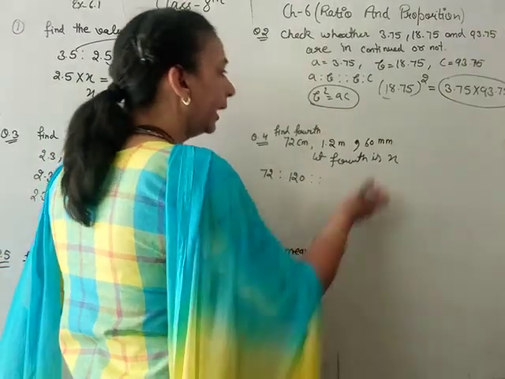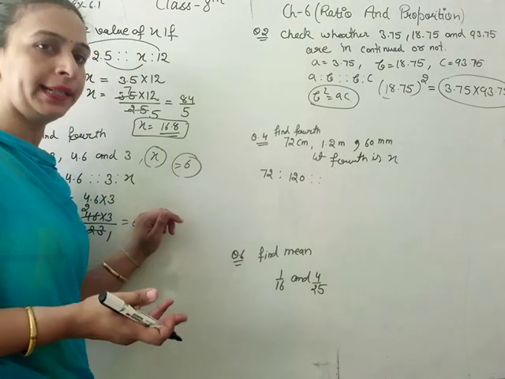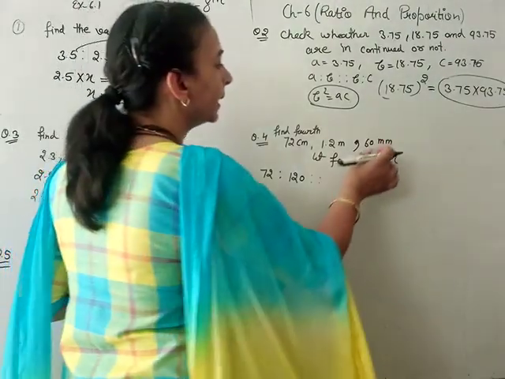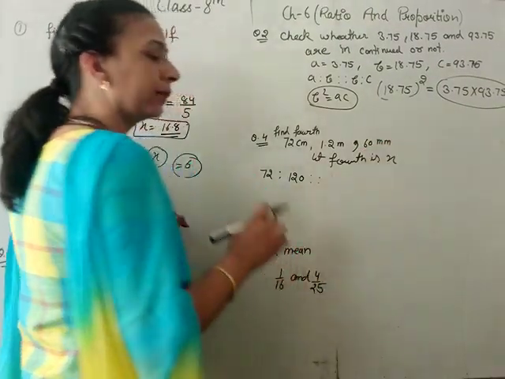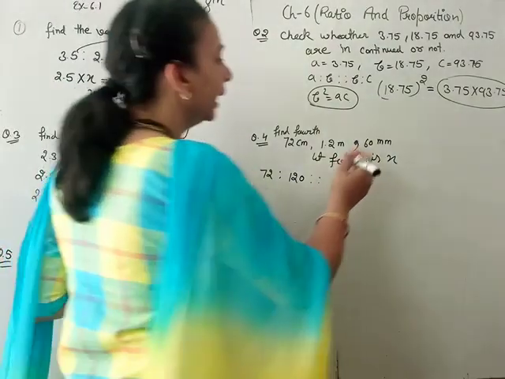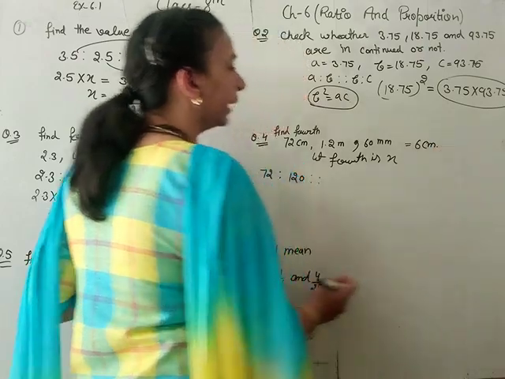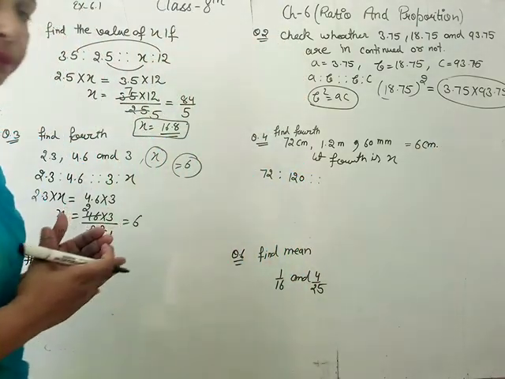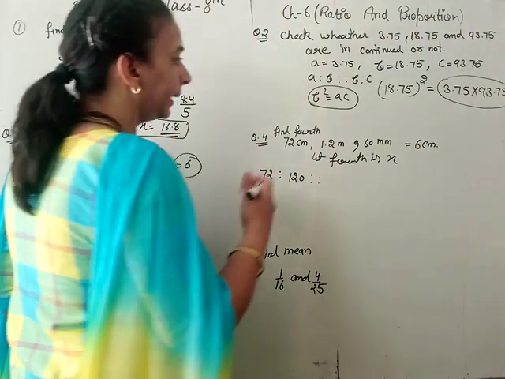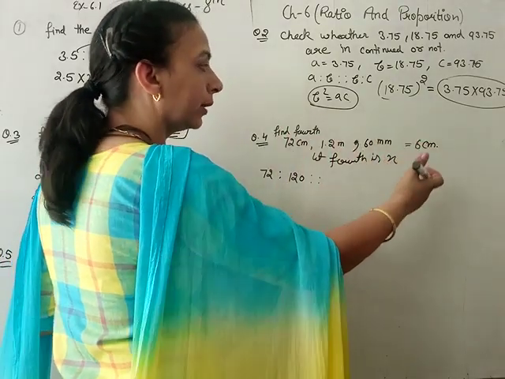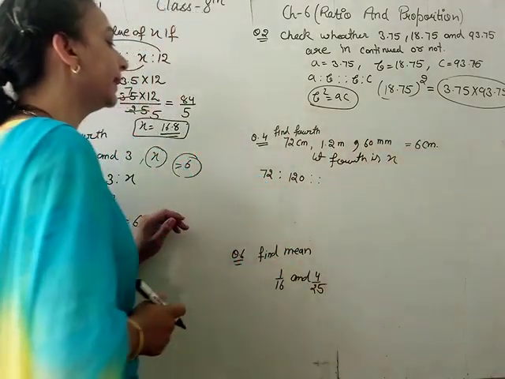If we convert millimeter also into centimeter, then there is no problem. Student, 60 millimeter equals 6 centimeter. We know that 10 millimeter equals 1 centimeter. Okay, then 60 millimeter equals 6 centimeter.